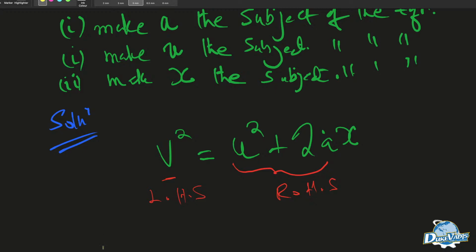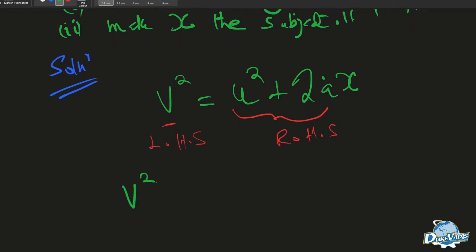So if this v squared is equal to u squared plus 2ax, then we have to subtract u squared from both sides of the equation.